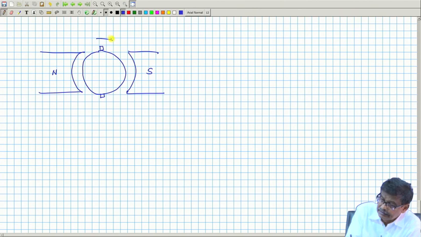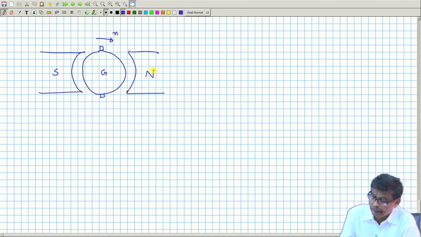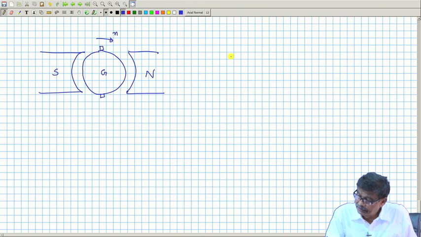Now, another important thing I will tell: this is the generator mode, this is the direction of rotation, and I have assumed this is the south pole. Let me be consistent with this diagram. This is north, and we got this one.